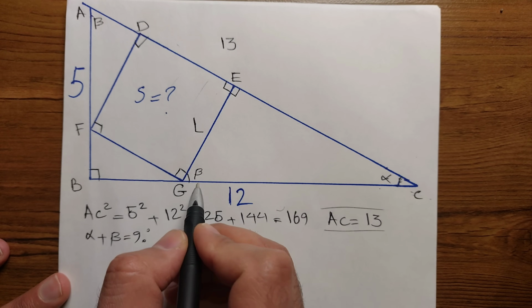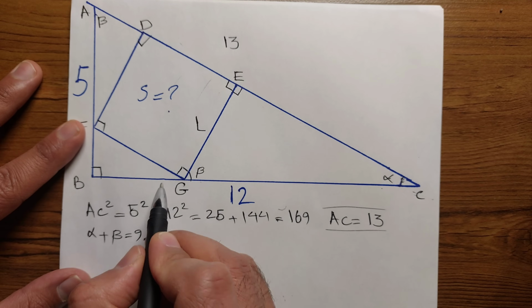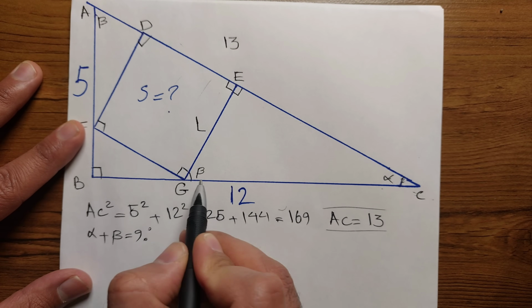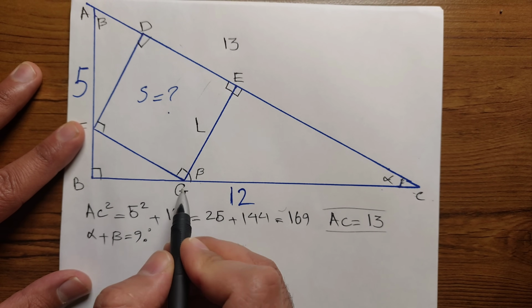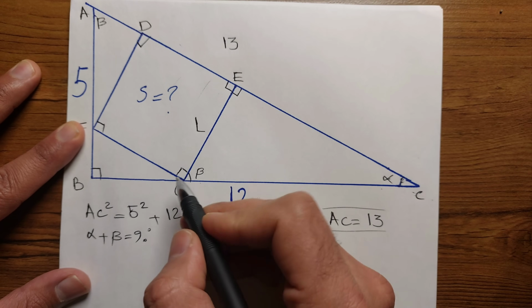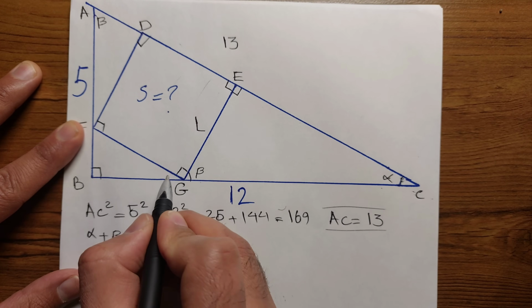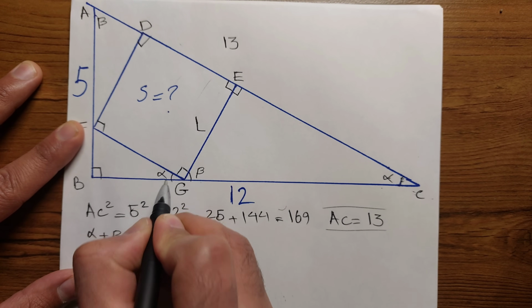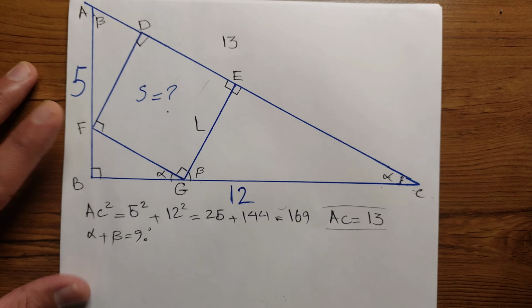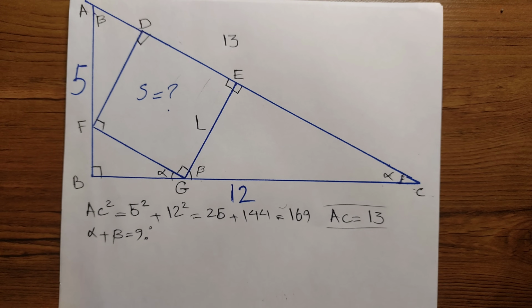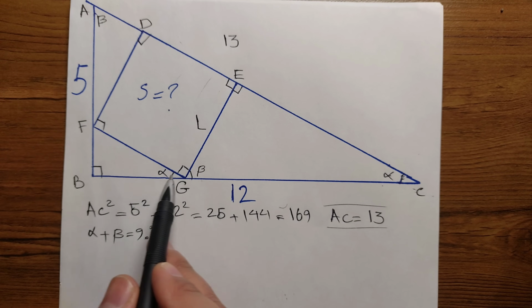Okay, great. We know that the whole thing is a straight line. This is 90 degrees, so beta plus something is also 90 degrees, and beta plus alpha is 90 degrees. So this inside angle is alpha as well. This is also another right angle triangle.